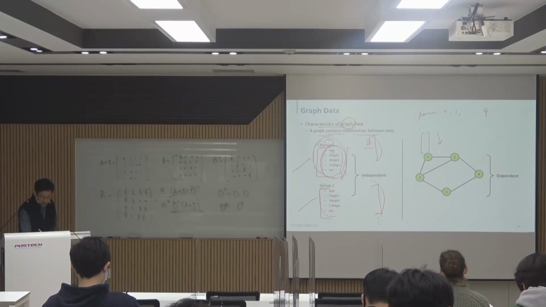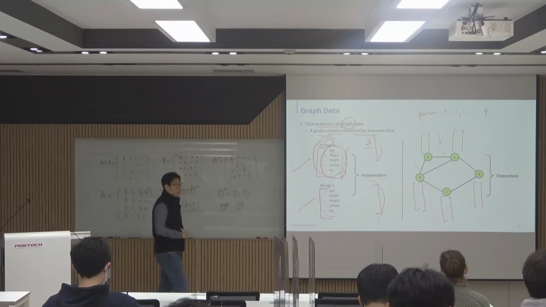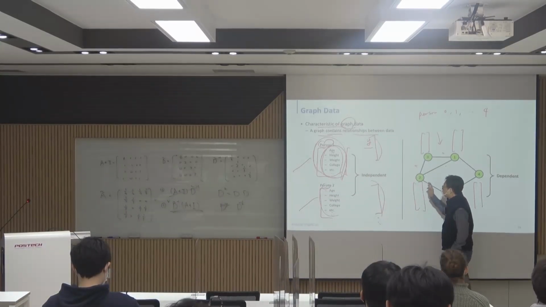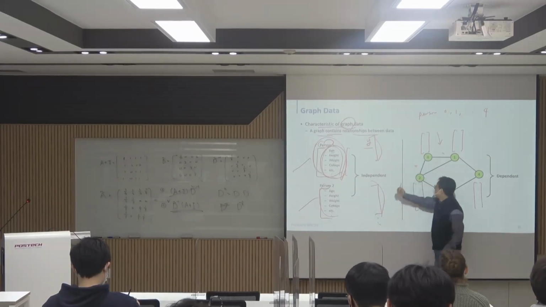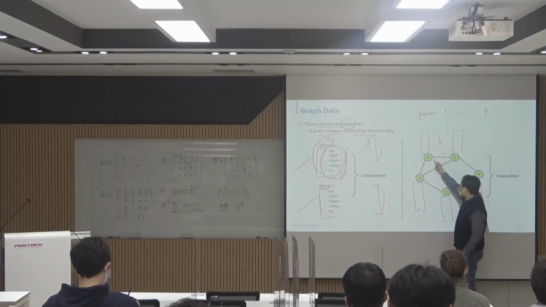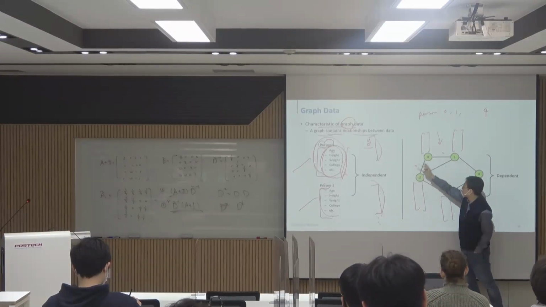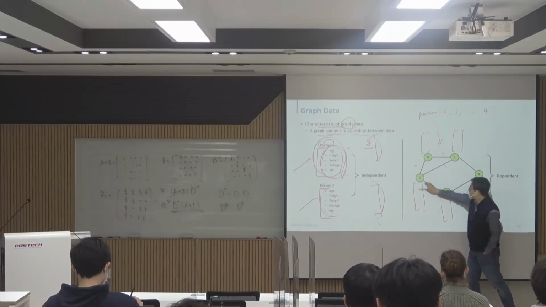We have feature vectors like that for all of them, and the connectivities are the additional information. The connectivity has nothing to do with individuals. These are the feature vectors for the corresponding individual, here a person node.